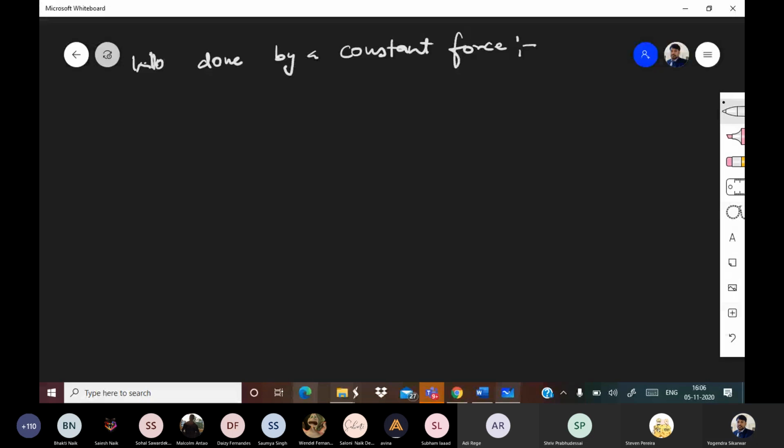Just a second. So if force is constant, then can you see the screen? What is written on screen?